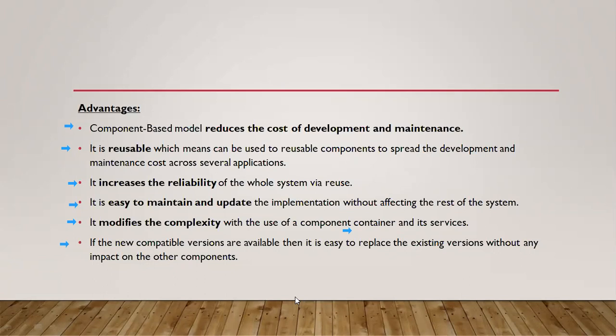Wherever we need such components, we check whether they already exist in the market or not. If it is available, we will download it and use it in our project. If it is not available in the market, then we are going to develop a component on our own.